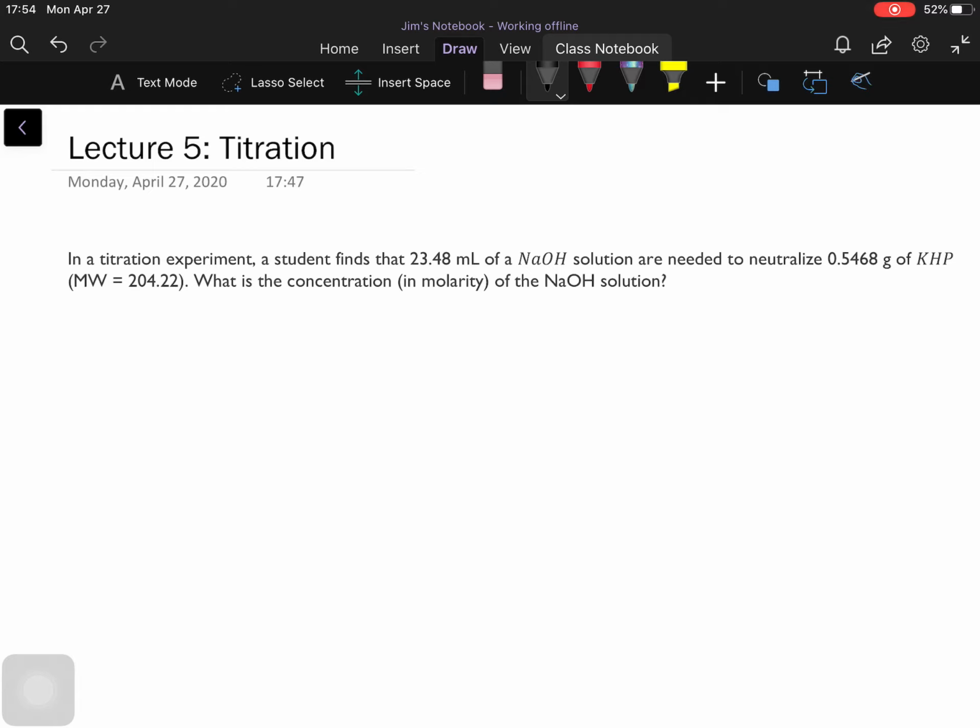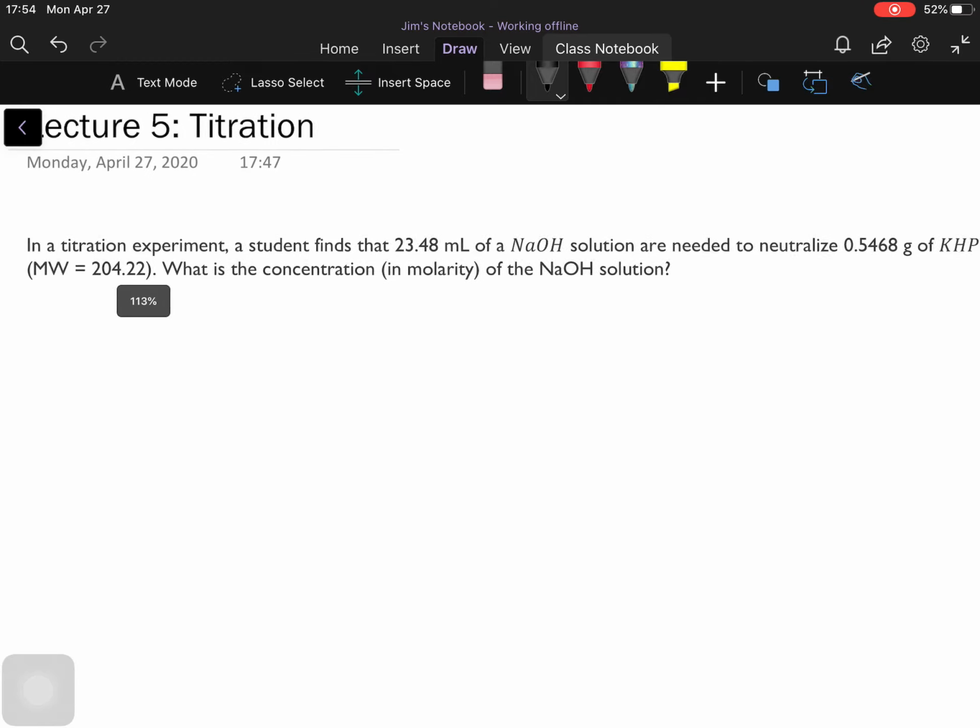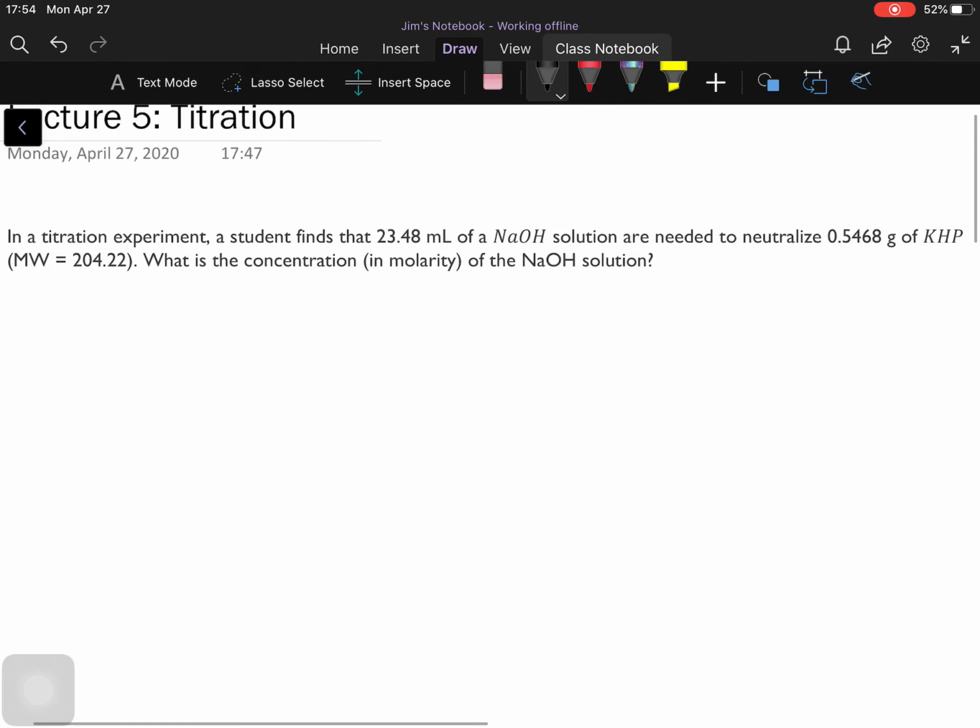Okay, so the first thing you have to take note of is that you have to identify which of the two substances is the analyte and which of them is the titrant. I'll give you a tip: usually the titrant is in solution form.